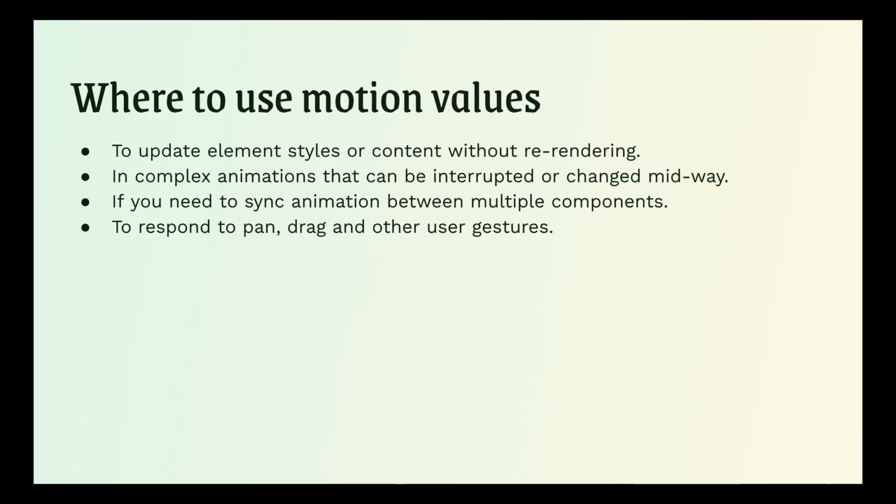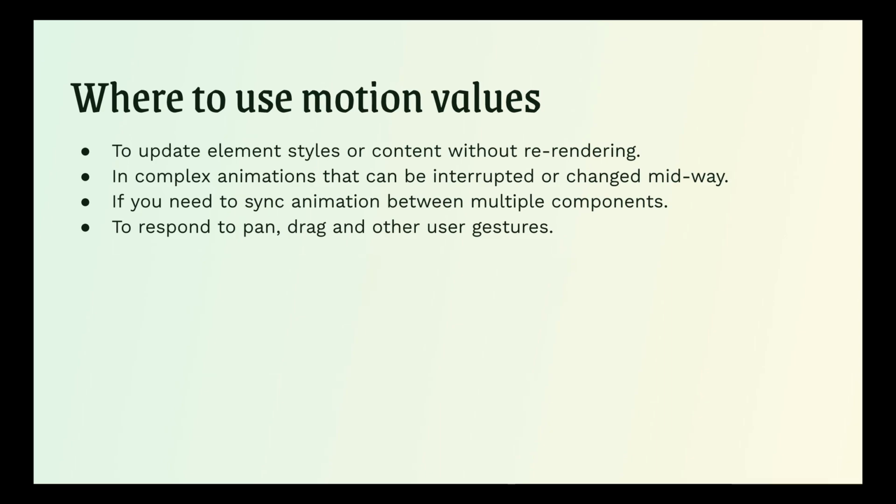So where would you want to use motion values? First of all, in complex animations and animation sequences, especially if you want your animations to be interruptible, or if you may need to pause or reset them sometime. Motion values work really well here and make coding a lot easier. They're also very convenient if you have animation which depends on user gestures.